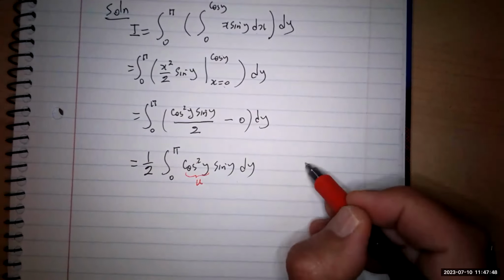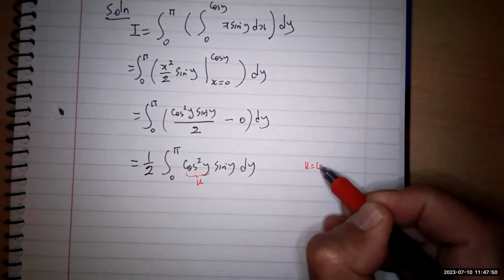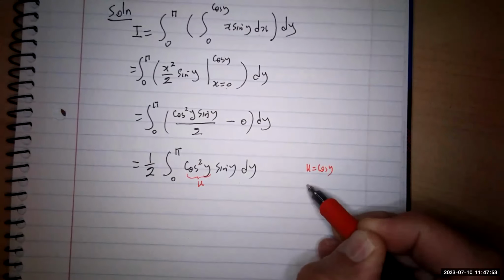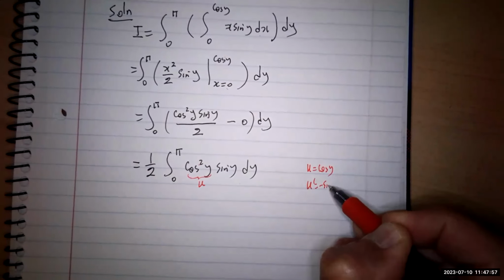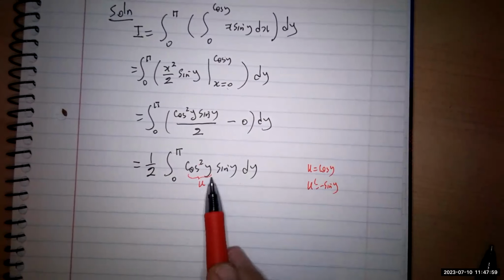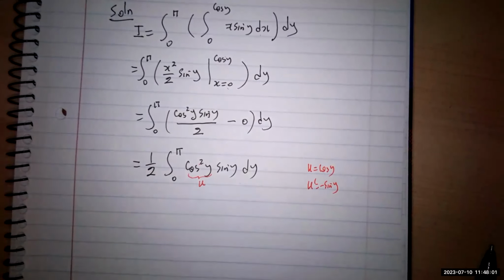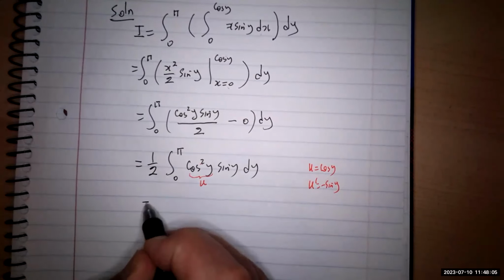Remind yourself that if you pick u to be cosine of y, then the u prime, your du, would be negative sine. So you need a negative here if you want to do it in short form. Otherwise, you just go with the u substitution in general.